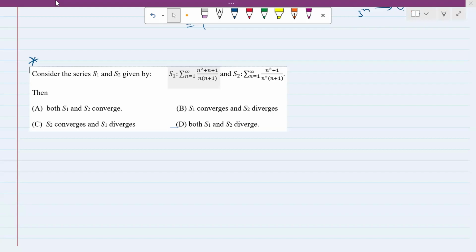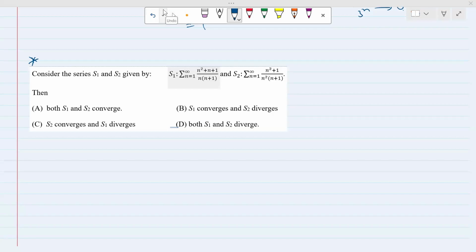You want to conclude whether either of them converges, or both of them diverge, or both of them converge. The first one is n square plus n plus 1 upon n into n plus 1. So what do you feel? Is it convergent or divergent?